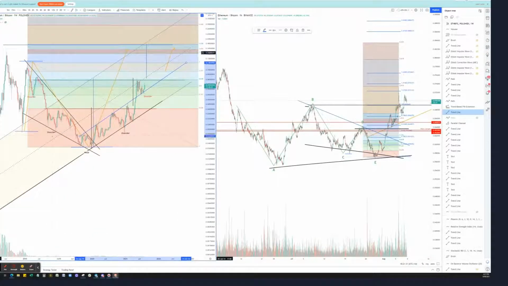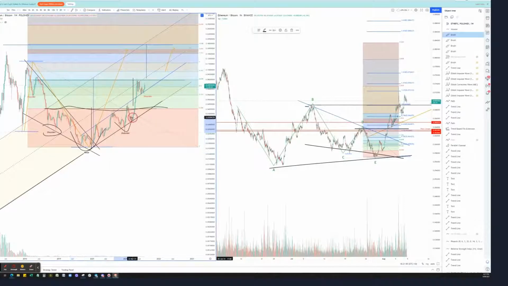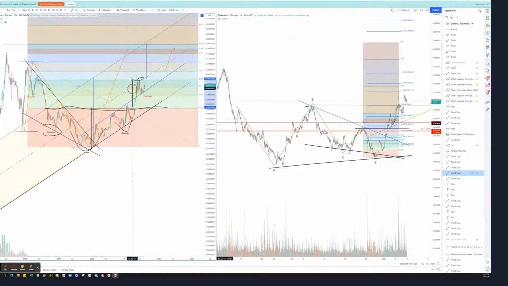And we had this left shoulder. This was the neckline, we had this head, and we had the right shoulder, and we hit its target. So that was perfect. That doesn't change it. So let's just pull that back down, and you just slowly move it, otherwise it loses its range.